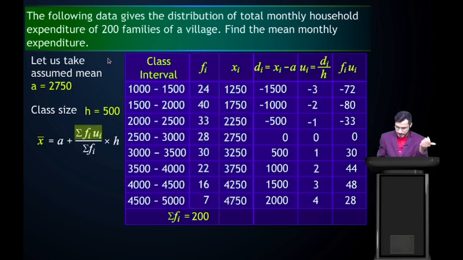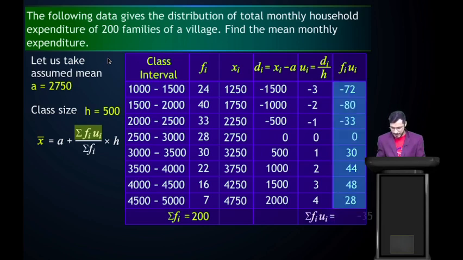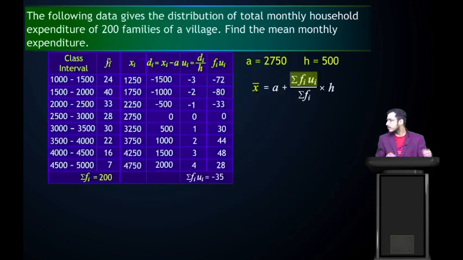Then in the next column you can see the negative numbers here. So first we add negative numbers, minus 72, minus 80, and minus 33. So sigma fi ui is equal to, yes, add the negative numbers and positive numbers, and we get minus 35. Sigma fi ui is equal to minus 35.